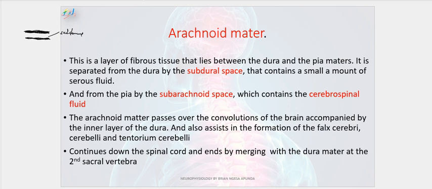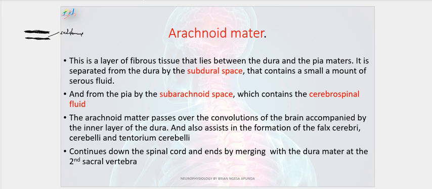And remember, in the brain we do not have an epidural space. This is because we do not expect a space between the dura and the skull. The periosteal dura normally lines the inner surface of the skull.